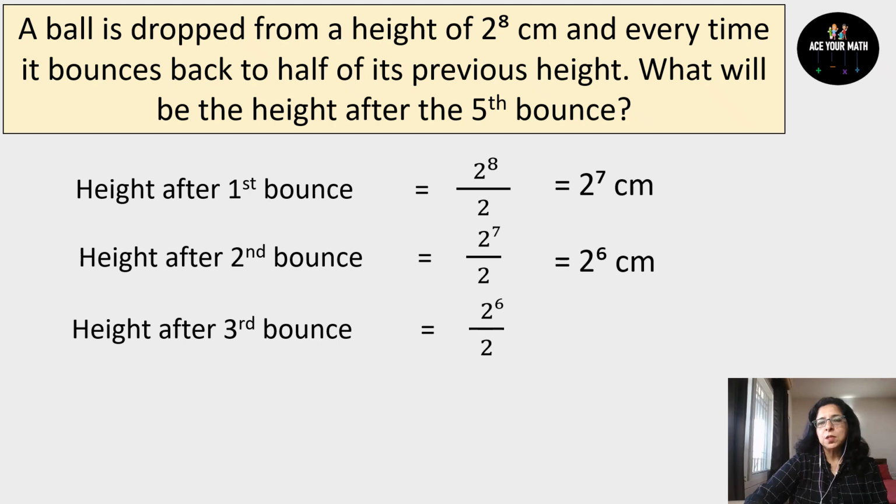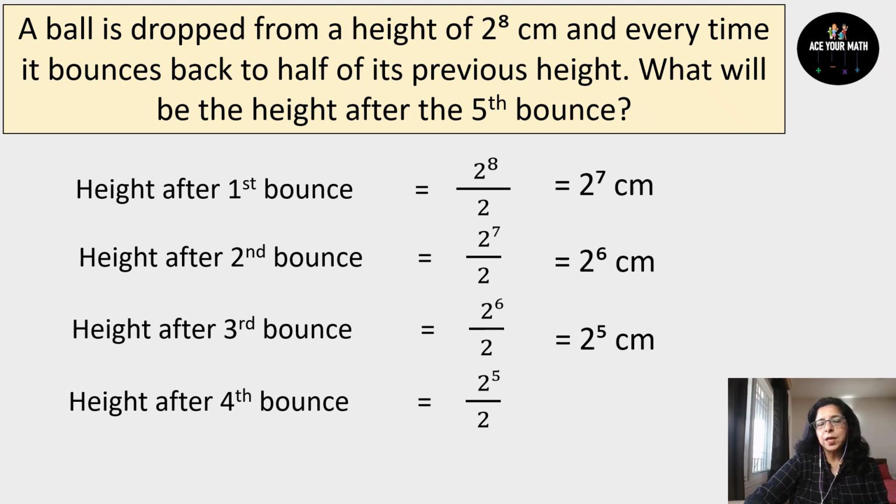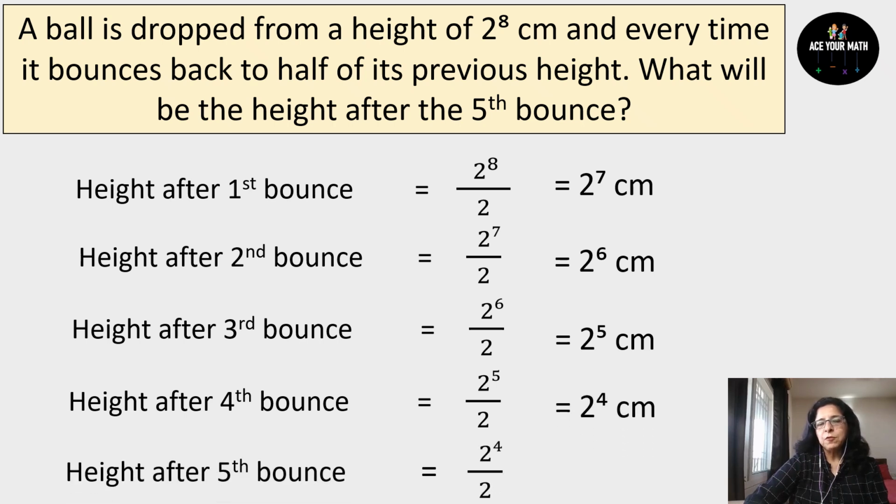After the third bounce, you will get 2 raised to the power 5. Every time you divide the previous height by 2. After the fourth bounce, it will be 2 raised to the power 4. After the fifth bounce, you again divide 2 raised to the power 4 by 2 and finally you get 2 raised to the power 3, which is 8 centimeters. This is how you will solve the question step by step.